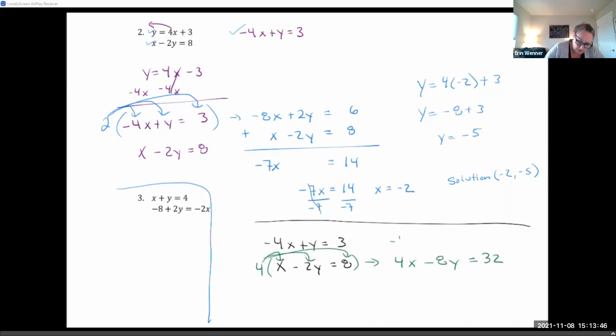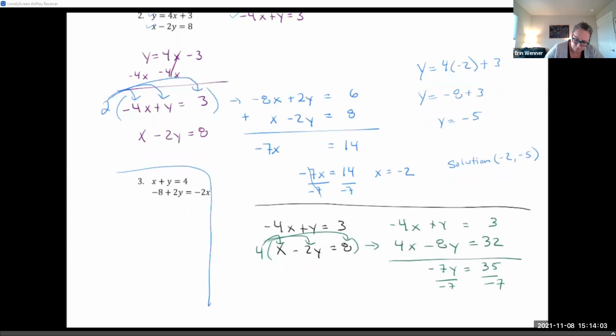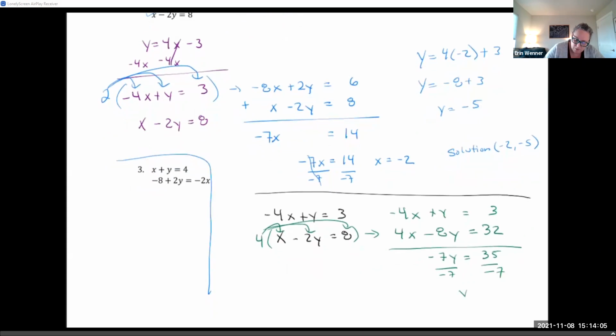Keeping that first equation as it is, I could have added them together. The x's would have dropped out instead, giving me negative 7y equals 35. Dividing by negative 7, I would have ended up with y equals negative 5.